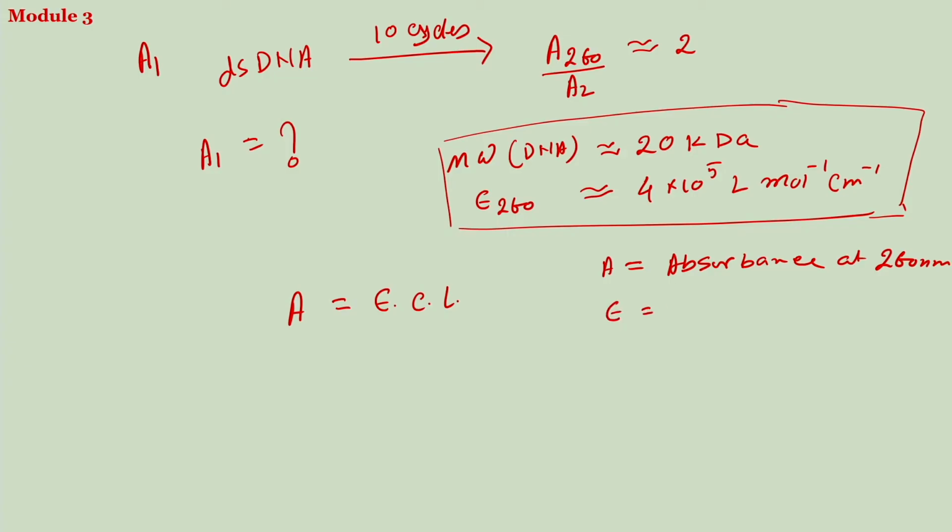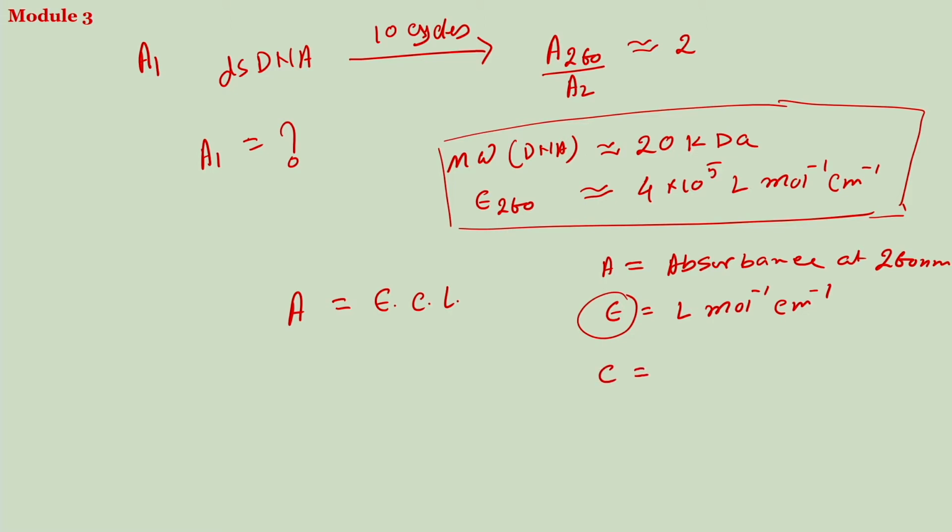Epsilon is the molar extinction coefficient, and it has the standard dimension of liter mole inverse centimeter inverse, and this is a characteristic of a molecule. So, you can calculate epsilon depending upon the DNA sequence, but it is a characteristic. It does not change over dilution, or if you change the concentration of your sample, epsilon remains intact. So, it is pretty much a constant quantity and a characteristic of the sample.